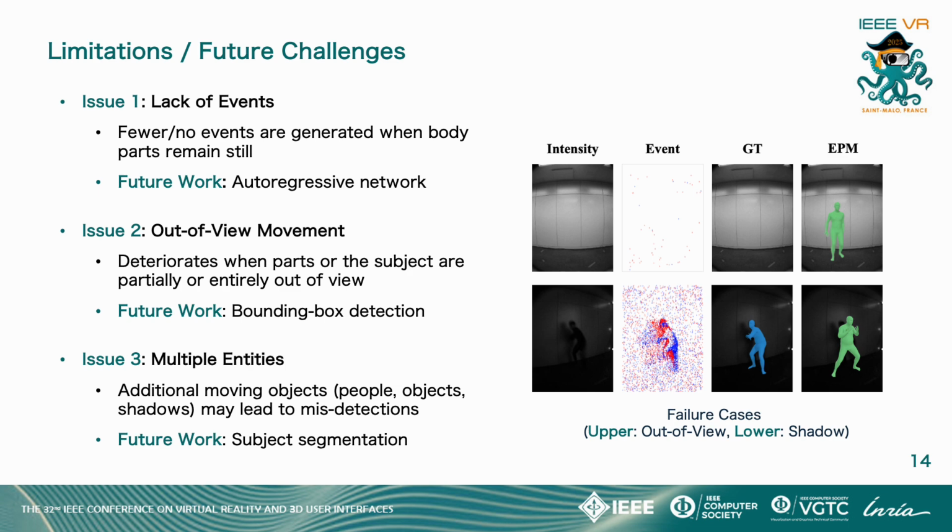Issue 2 occurs when the subject is partially or entirely out of view, degrading pose estimation. For this issue, bounding box detection might help. Issue 3 involves multiple entities like people, objects, or shadows that can cause misdetection. Improving subject segmentation could address this issue.